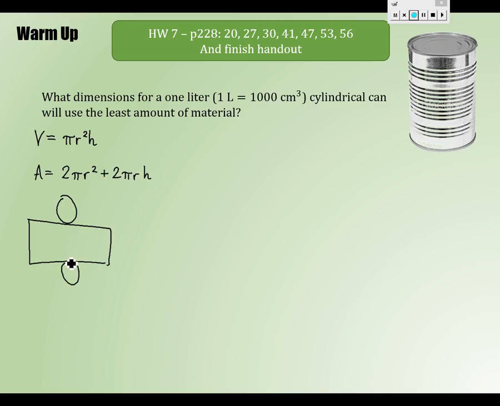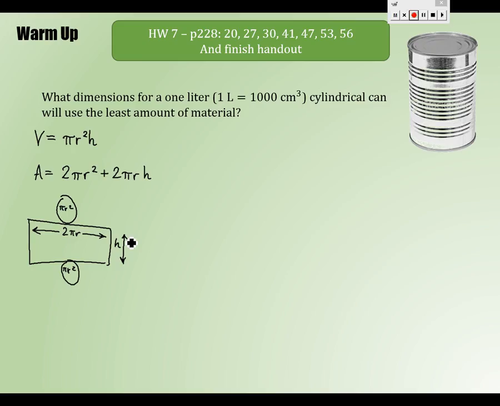It looks something like that when you unfold it. This is pi r squared. This is pi r squared. And this is the circumference of the circle, which is 2 pi r, times h. So I think I'm with you on this. Now it makes clear where that came from.